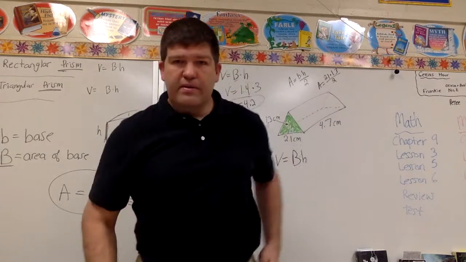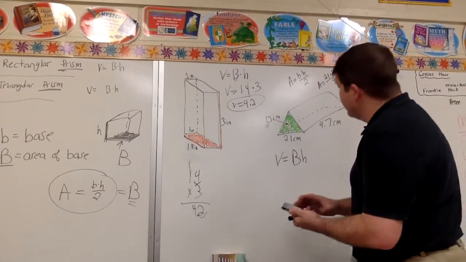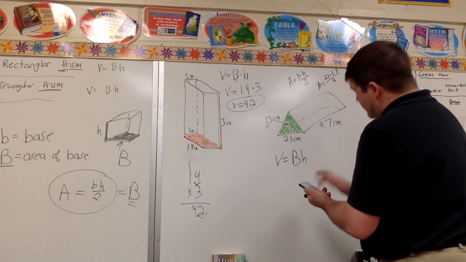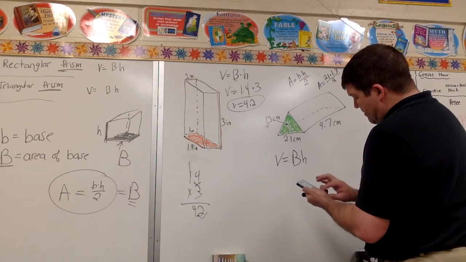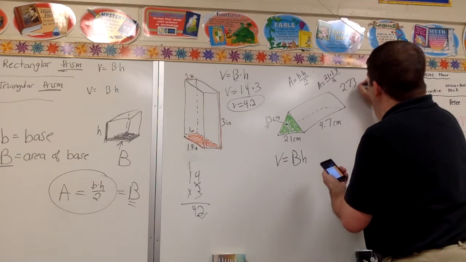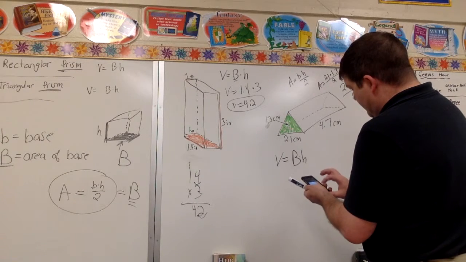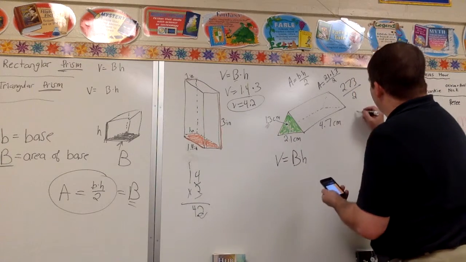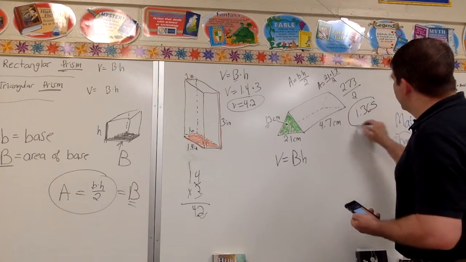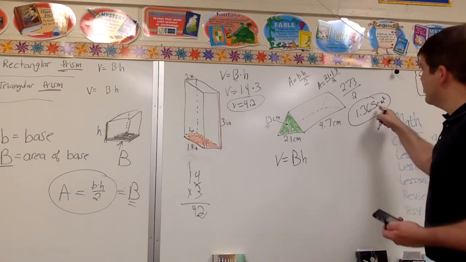Okay, so I get my calculator out, and we do this. 2.1 times 1.3 equals 2.73, and then I have to divide it by 2. So divide that by 2 equals 1.365. So this right here, centimeters squared.